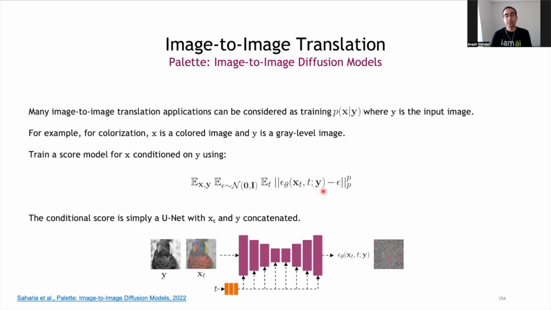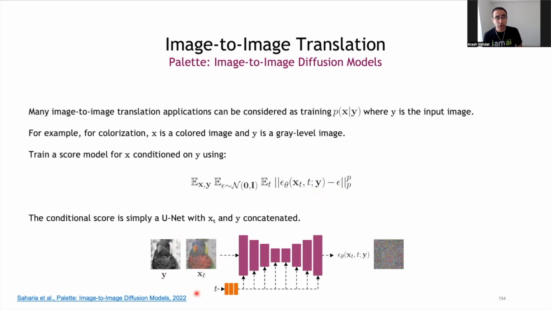And then the model is trained to predict the noise that was used to generate the diffused sample. Similar to the previous part, we need to give a paired input to the UNet model. Here, if we're tackling the colorization problem, we're going to have this gray level image and the diffused color image as input to the UNet, and similarly it's trained to predict the noise that was used for generating the diffused sample.